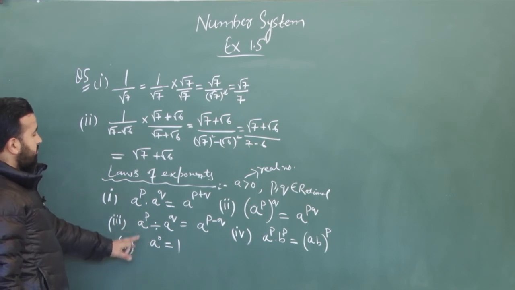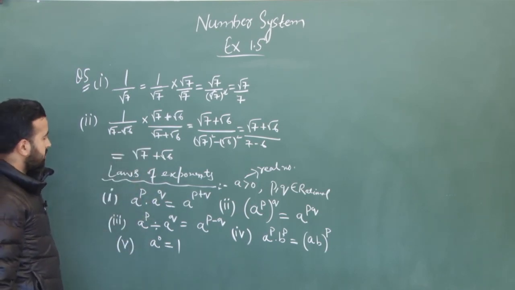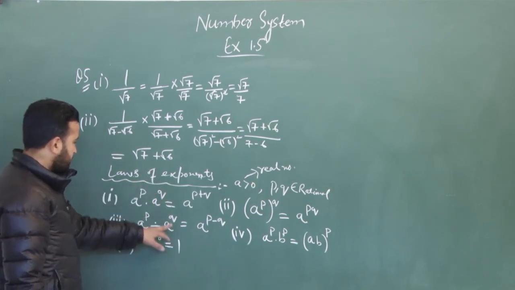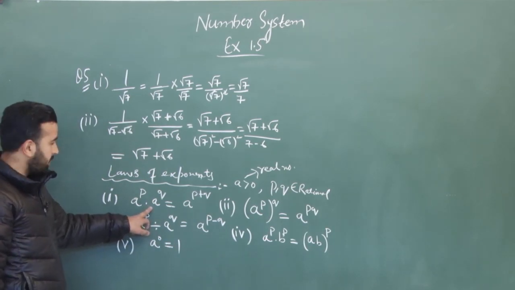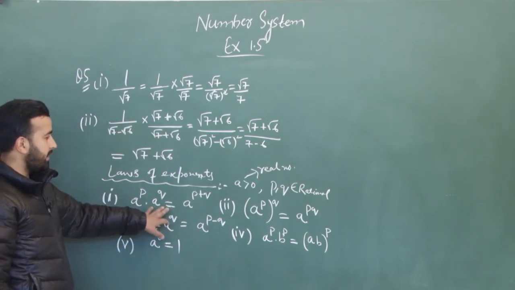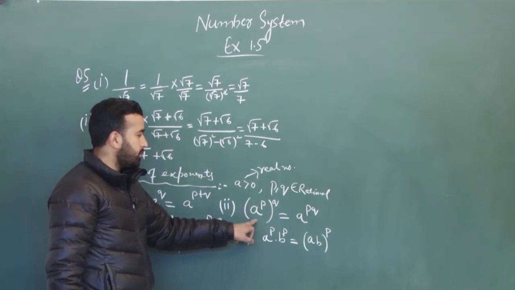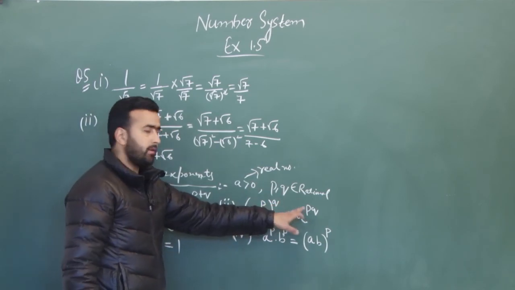These are the basic laws of exponents that we will be using in the numerical problems. Now it is very simple. The first one we have to remember: in case of multiplication, if bases are the same, powers will be added. In the second one, a raised to the power p and then whole power q, these two powers will be multiplied.